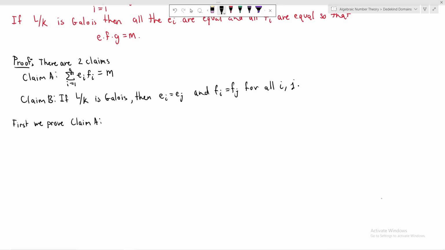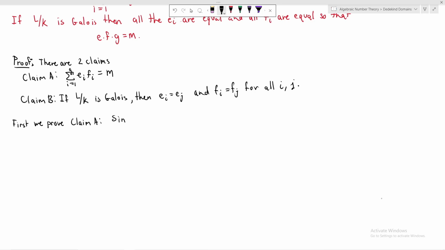So the basic idea is that we're going to exploit the lemma from the previous example, which allowed us to compute the index of P sub I to the E sub I in O sub L. And then we're going to use the Chinese remainder theorem or Sun Tzu's theorem to break up our quotient into a product and get our equation from claim A.